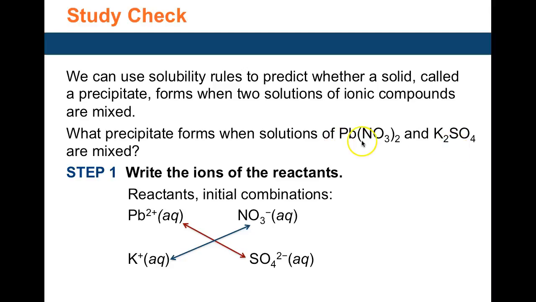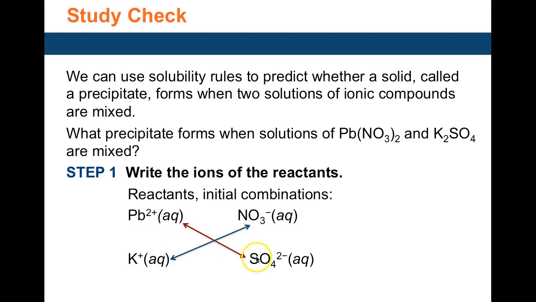So this is like a double displacement, an exchange of dance partners. The lead and the sulfate join up, and the potassium and the nitrate will join up. All right, so the exchange of cations and anions.